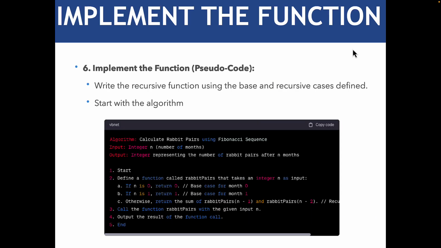And finally, we will have the following algorithm. We start with the base cases, n equal to 0, n equal to 1. In the recursive case, we return the sum of the two.